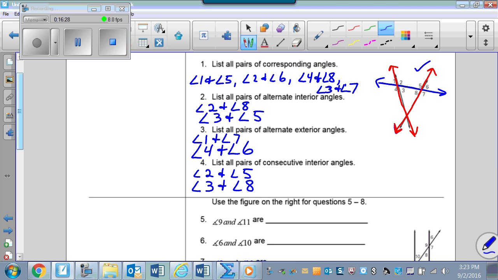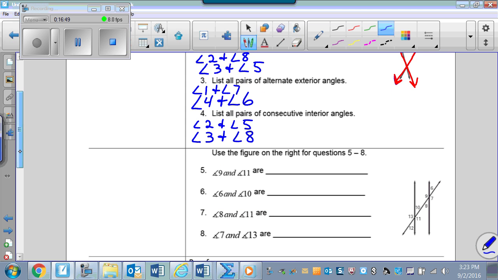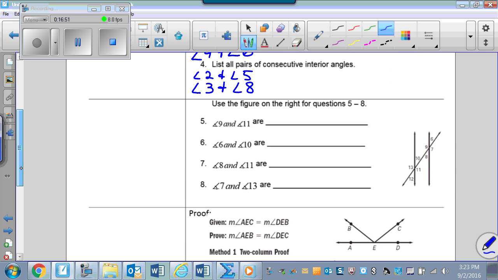Now don't be confused and say angle 2 and angle 3. Those are not consecutive interior angles. What are angle 2 and angle 3? Well, they're a linear pair, aren't they? But because of how I defined my lines and my transversal, angles 2 and 3 would not be consecutive interior angles. Okay, here's some more examples.